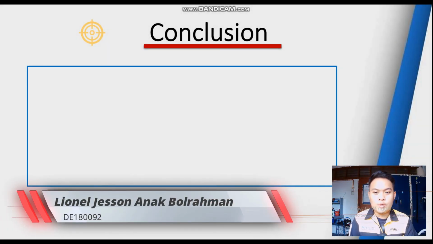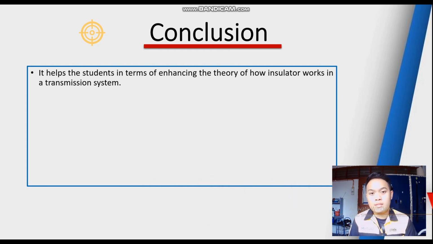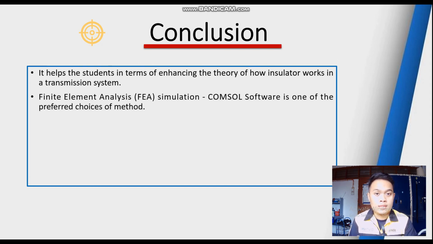Alright, to conclude, this project may help students enhance their theory of how insulators work in a transmission system. Besides, finite element analysis, or FEA simulation, in the COMSOL software, is one of the preferred methods to simulate and design the system virtually for testing purposes.